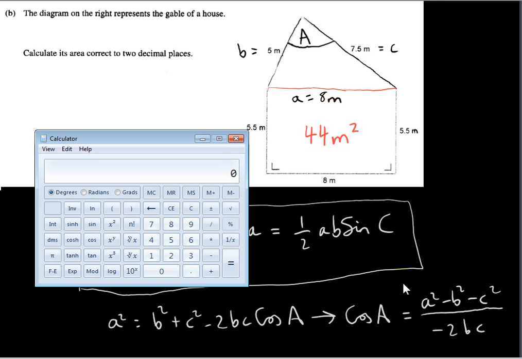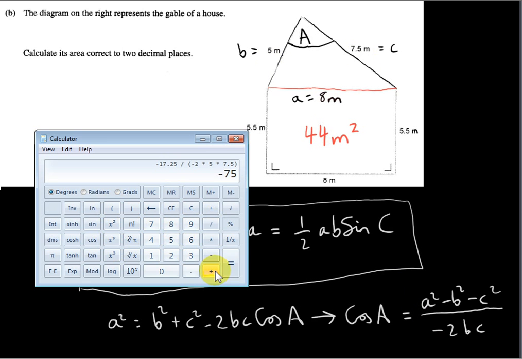Right, so we want a squared. Well, a is 8, so we have 8 squared minus b squared, b is 5, minus c squared, c is 7.5. Now I'll get the answer to this, and we want to divide it by minus 2bc, so use brackets here, and inside the bracket we have minus 2 multiplied by b, which is 5, multiplied by c, which is 7.5.